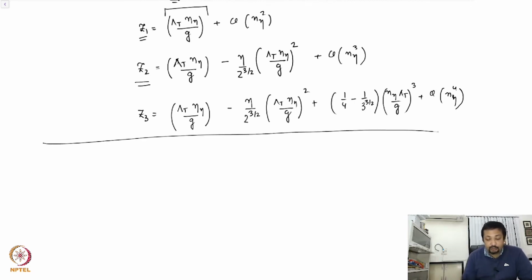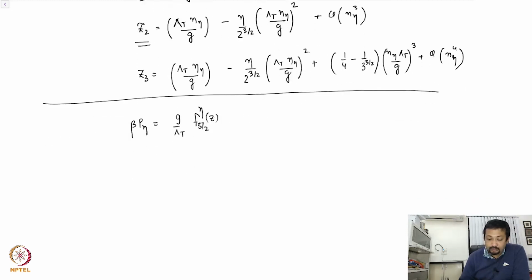Now the idea is to use this and to look at beta p eta, which was g over lambda t f of 5 by 2 of z times eta. So let's see, this is going to be beta lambda t p eta over g is going to be f of 5 half eta over z, and this answer is z.